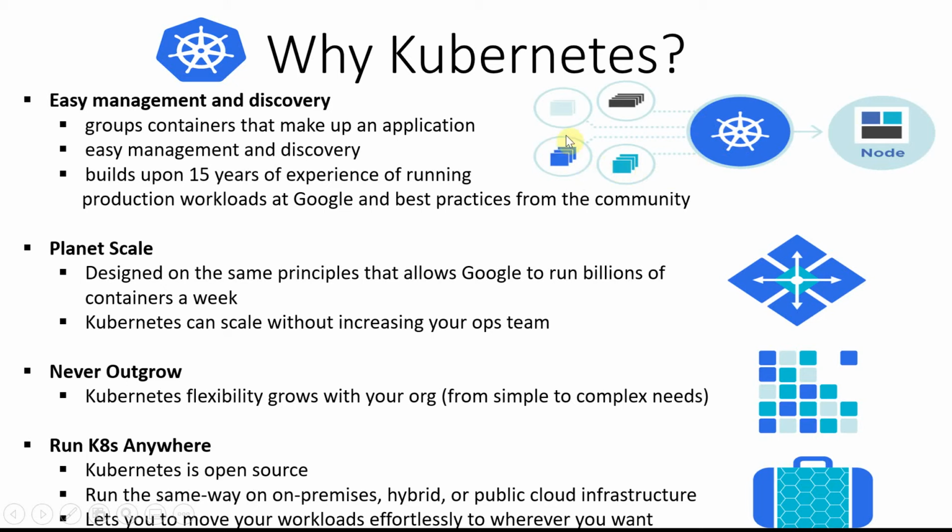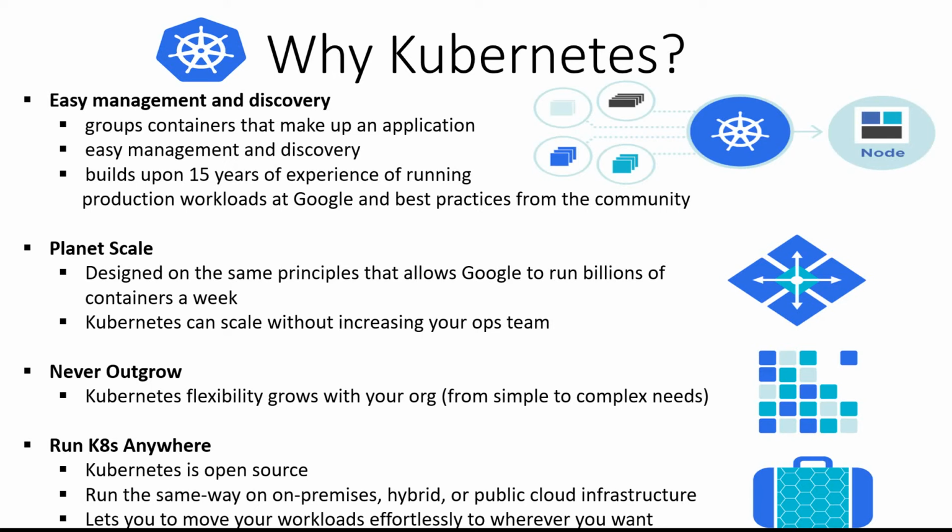Whenever you want to deploy your applications to nodes, nodes are nothing but virtual machines or VMs. So whenever you need to deploy your applications to nodes, Kubernetes will help you to easily manage, discover, and also deploy your applications onto the nodes. And if you go further, it is also planet scale. Scaling is a very important aspect because when you say scale, there will always be a limit.